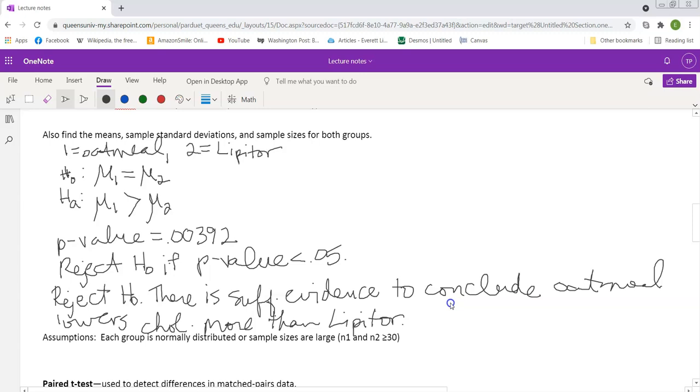All right, so that's how we do an independent samples t-test. I should point out that every hypothesis test comes with a set of assumptions.